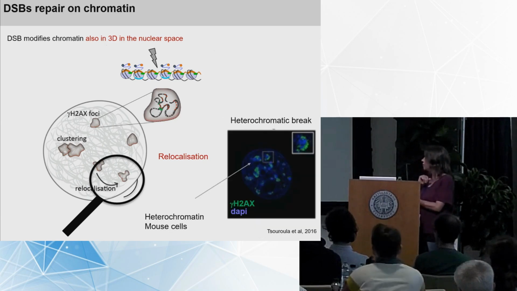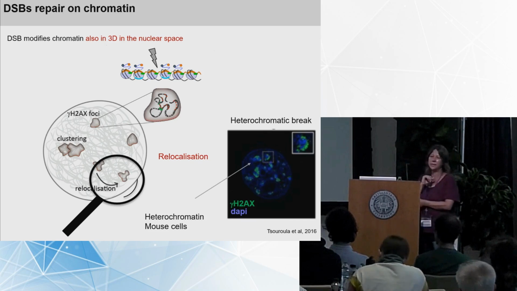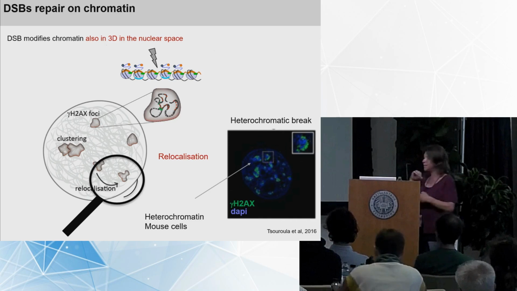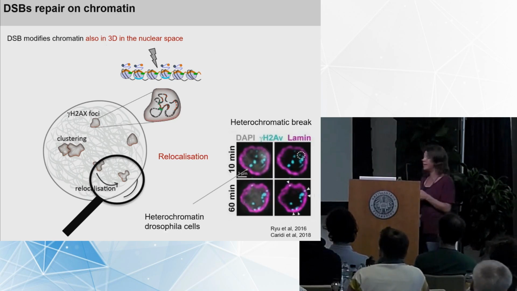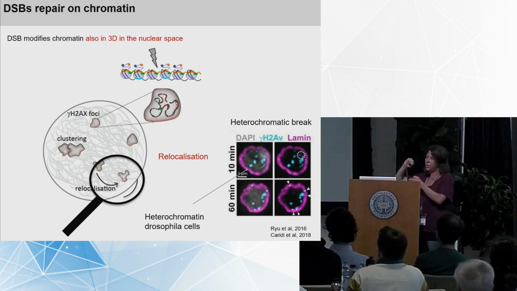This relocalization also occurs for DSBs that are induced in heterochromatin. That's the case in mouse cells. If you induce breaks in heterochromatin, the break will relocate at the periphery of the heterochromatin focus. And in Drosophila cells, it was even shown that that specific break further moved to the nuclear envelope in order to undergo homologous recombination repair.